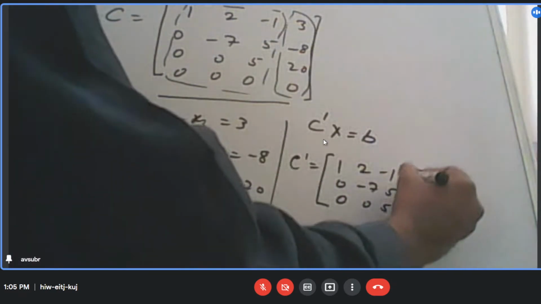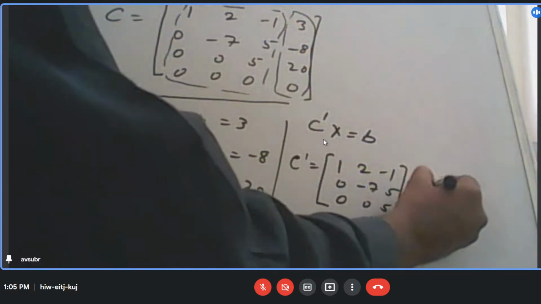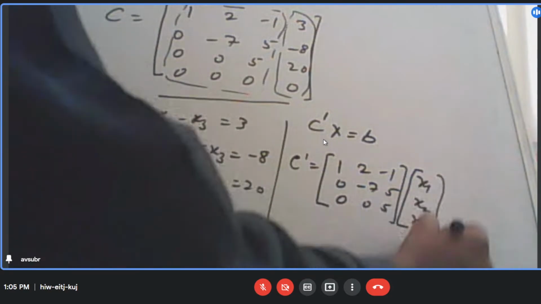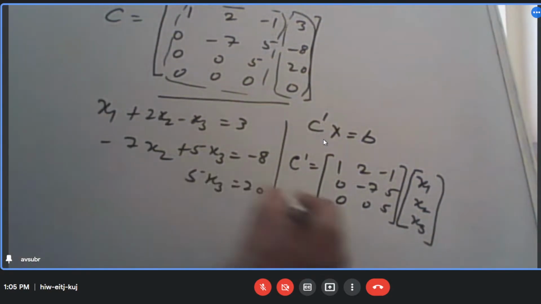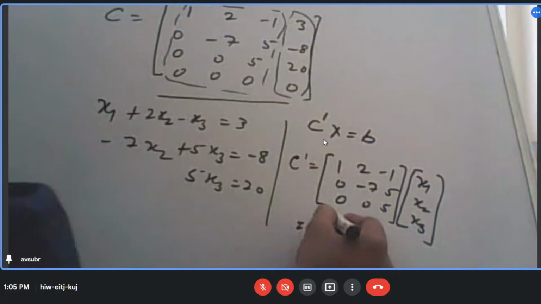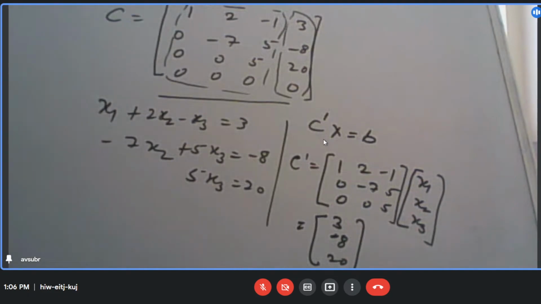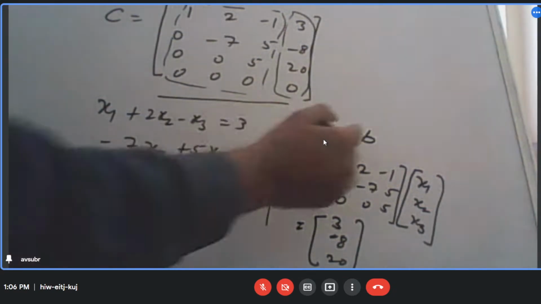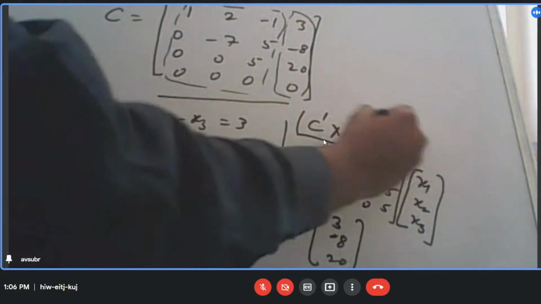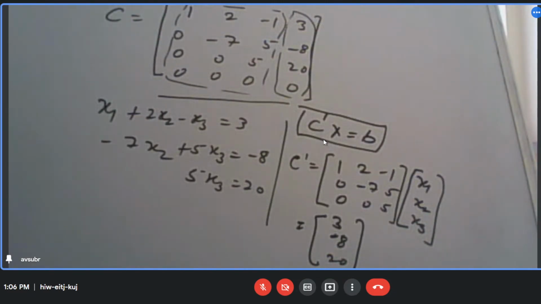And x can be written like this: x1 x2 x3. यदि x y z है तो x y z आ जाएगा, इक्वल टू b. b is this one, 3 minus 8 20. ठीक है? Is it okay? Yes, sir. So this whole thing, or in fact the system of equations, can be written in this form: Ax equal to b kind of thing. ठीक है? Understood?